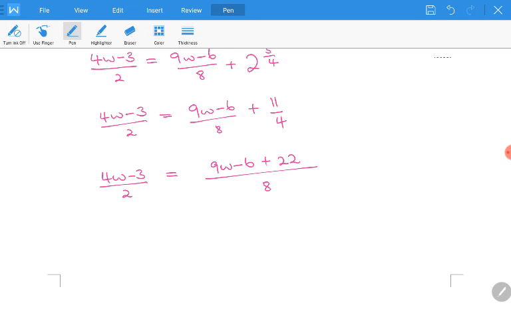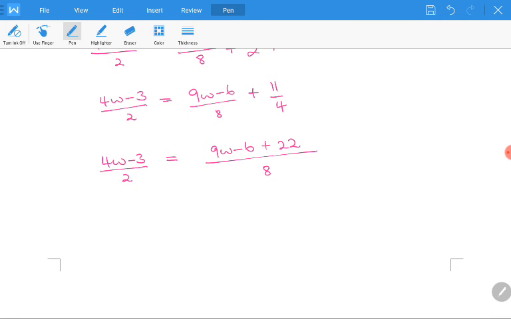So if I put everything on the right hand side under the same fraction, it will simplify to 4w minus 3 over 2 is equals to 9w minus 6 plus 22 is 16. So plus 16 over 8. It seems as if I've come back to the same stage.